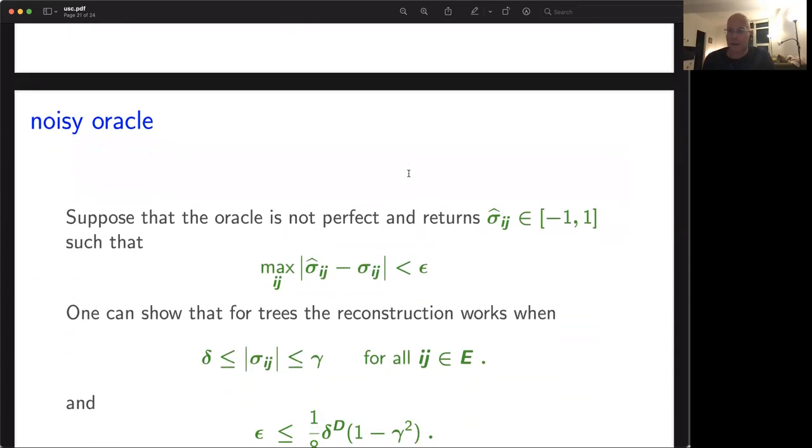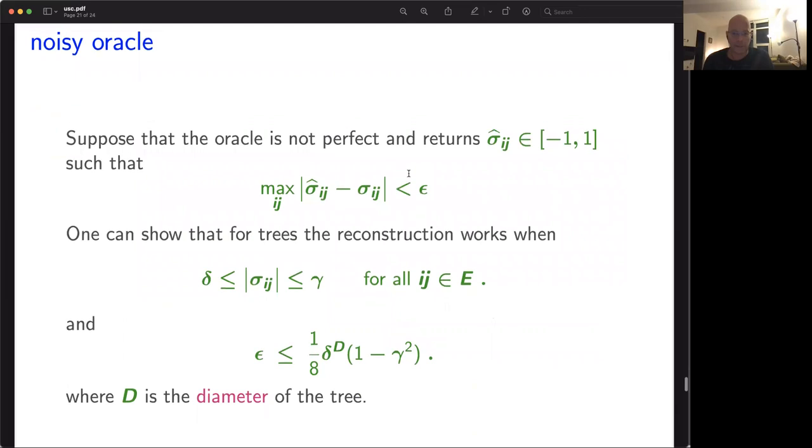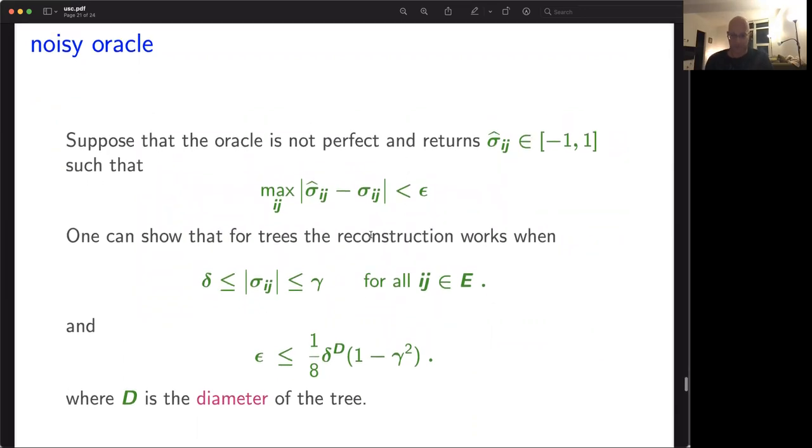All right, I'm out of time, but very quickly I would just mention that of course in statistical applications the covariance oracle is never perfect, so it will be noisy, right?